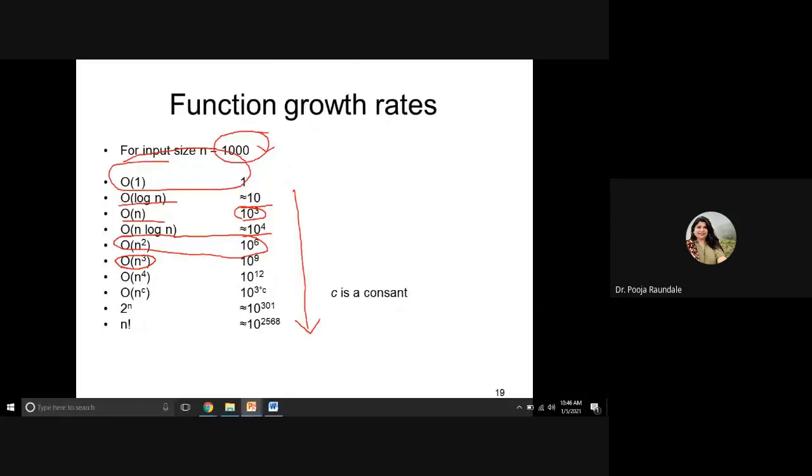Consider an algorithm which has big O notation order n cube. N cube is generally a matrix multiplication kind of thing, where you have 3 loops: for i equal to 1 to n, j equal to 1 to n, and k equal to 1 to n. So these 3 loops are nested one inside another.